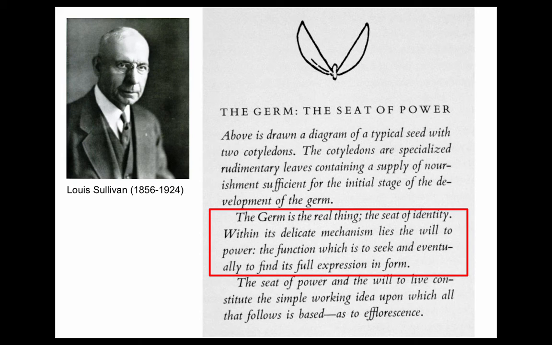Concrete wants to be massive, squat, and work in compression. So whether it's a human being or a tree or an inanimate material, it wants to project itself. That's the will to power. That will to power is a function which is to seek and eventually to find its full expression in form. The office building, the oak tree, the peanut plant, John Lobell, you.